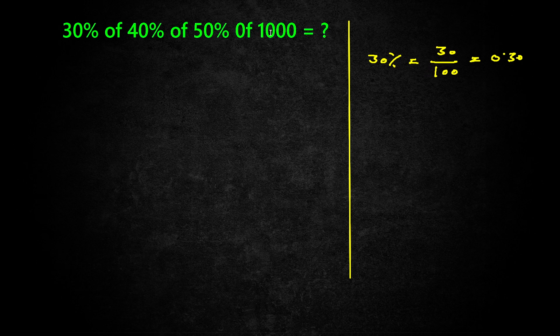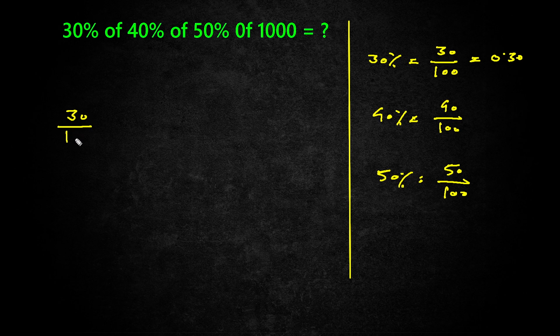Most of the times when you have all the zeros, fractions solve the problem much faster. 40% is 40 out of 100, and 50% is 50 out of 100. We see lots of zeros and the 3, 4, 5 and the 1. So 30% is 30 out of 100, "of" is multiplication, 40% is 40 out of 100, "of" is multiplication, and 50% is 50 out of 100.